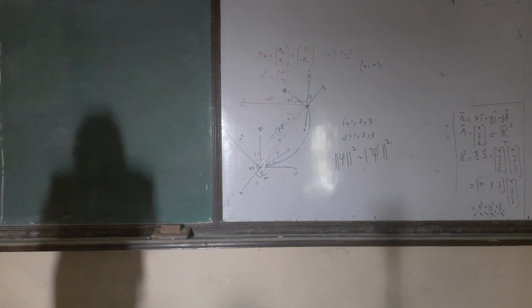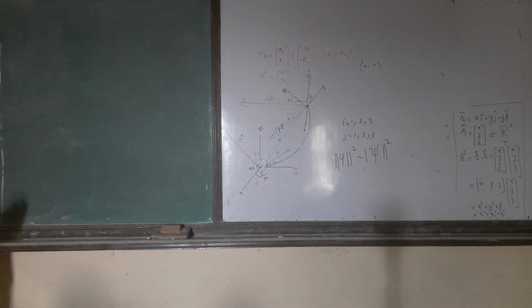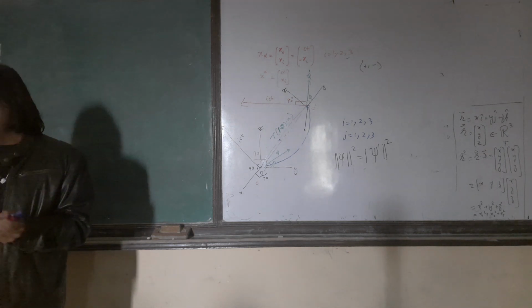If the space length is contracting, there will be a time dilation. If one component reduces, the other increases in such a way that the total length of the vector does not change. A vector is defined as something whose length can never be changed. So that's the concept of the 4 dimensions.